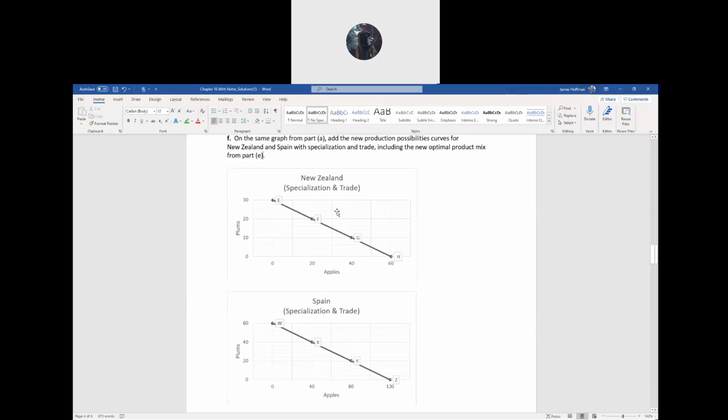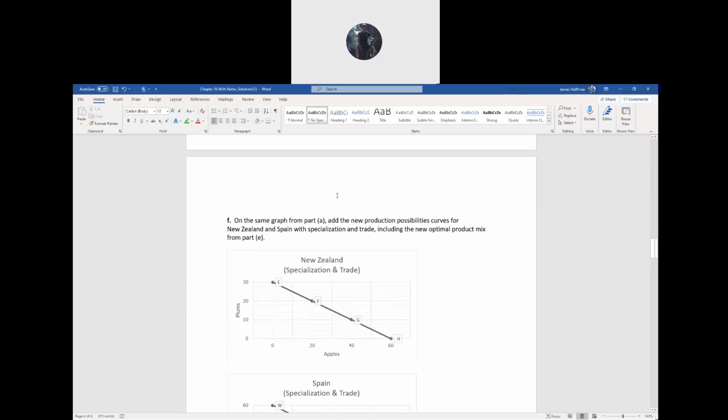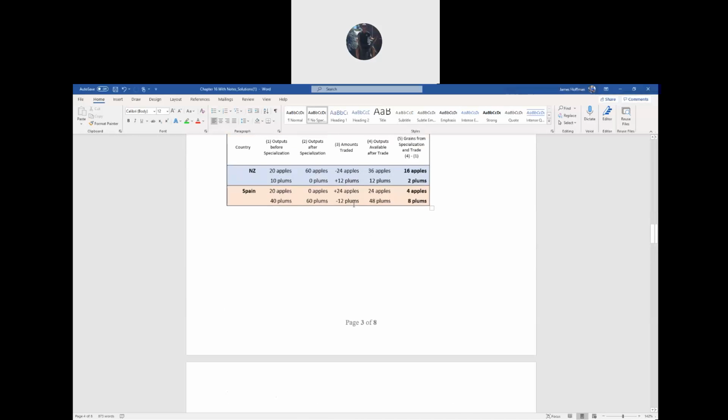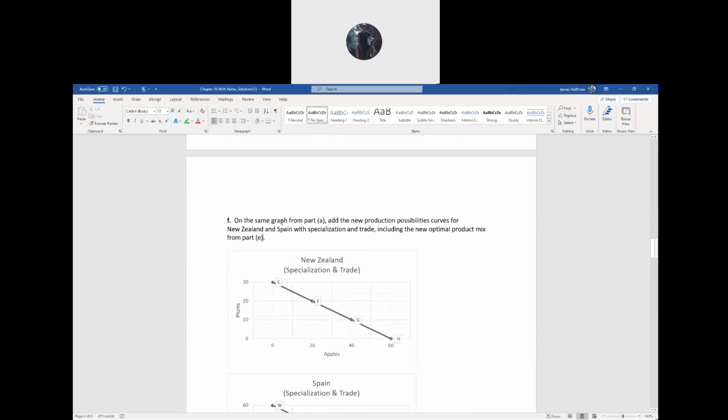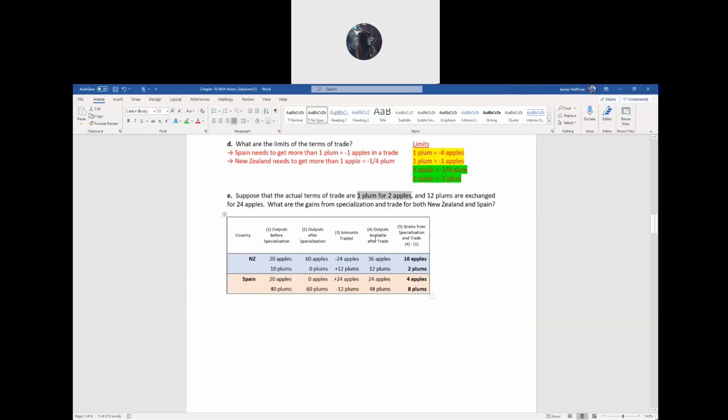Okay, so all you got to do is, again, start with the point of specialization. And I think the best thing to do is take the trade, which is 1 plum for 2 apples, show what they can get if they traded all that good they specialized in at the maximum point, and then just draw a point there and connect the dots.